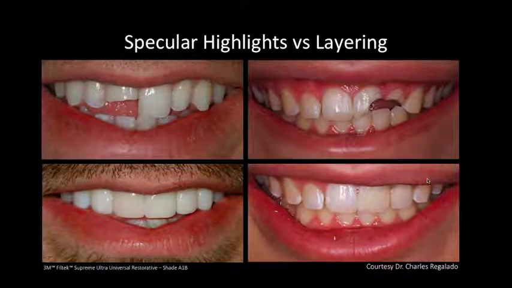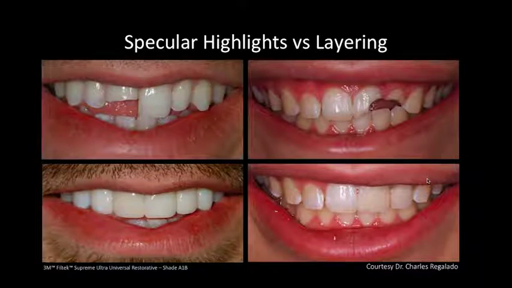The composite that I used here was the 3M Filtek Supreme Ultra Universal Restorative, the A1 body shade. I really like the body shade for these restorations because they have a really nice blend of opacity and translucency, so we're able to achieve a nice transition of color for blending.